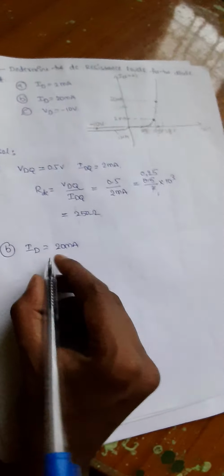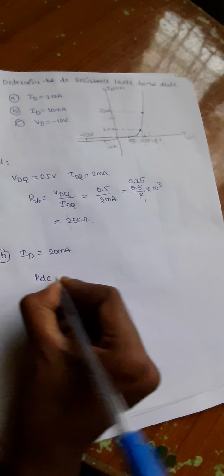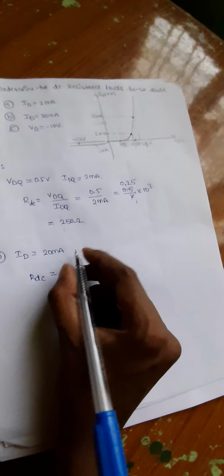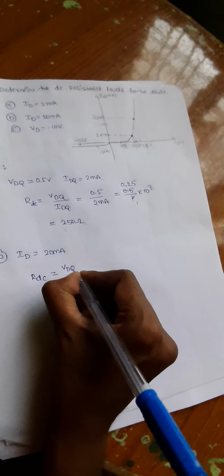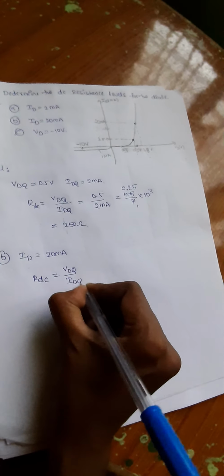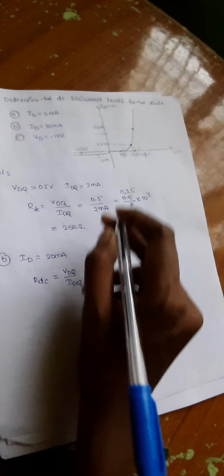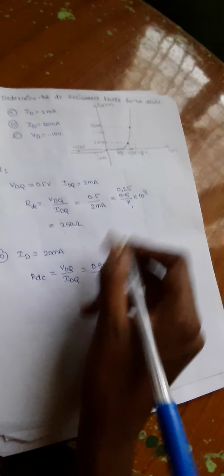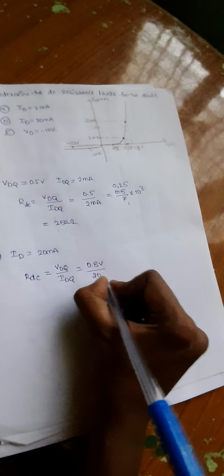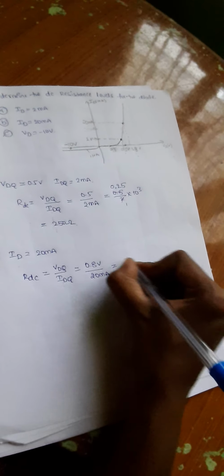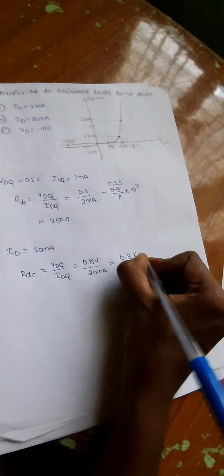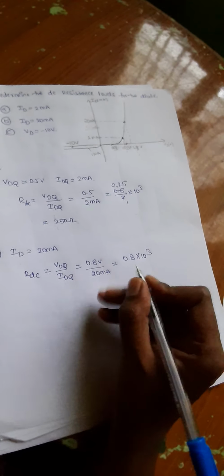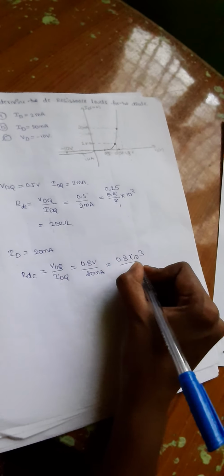RDC is given as VD by IDQ. So once again, write it over here: 0.8 volts divided by IDQ, which is 20 milliamps. So 0.8 multiplied by 10 power 3, because milliamps goes above and becomes kilo.